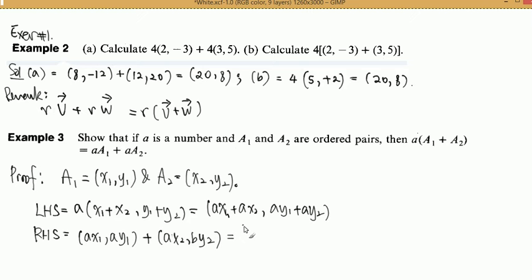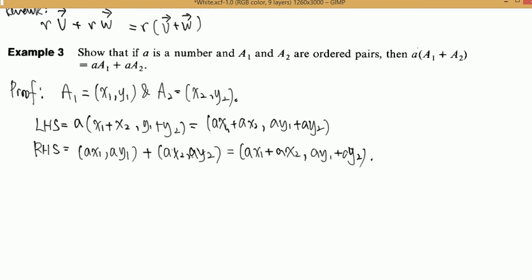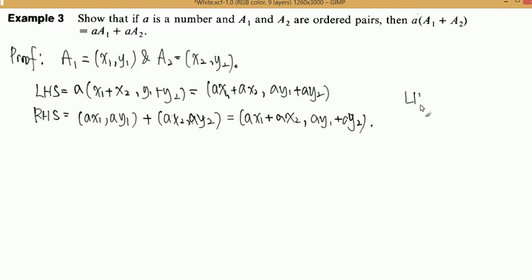Then you add these two: (A x1 plus A x2, A y1 plus A y2). There's no B in there, sorry about that. It's all A. And then you recognize that this left-hand side and right-hand side turn out to be equal to each other.